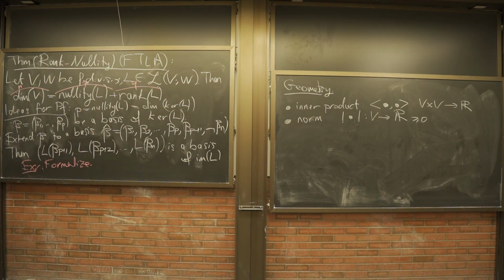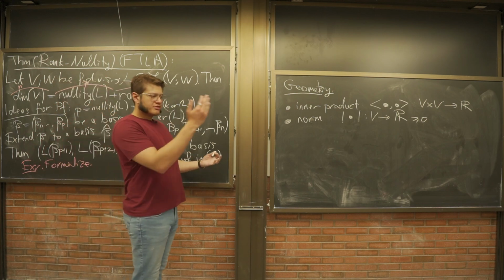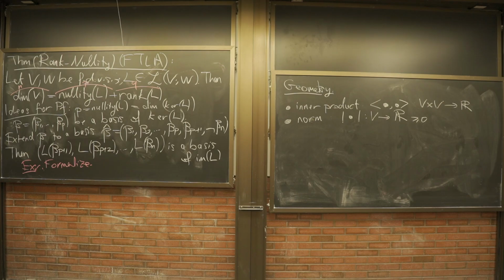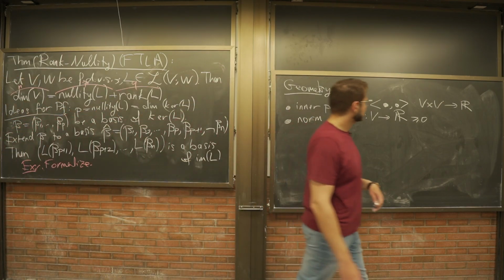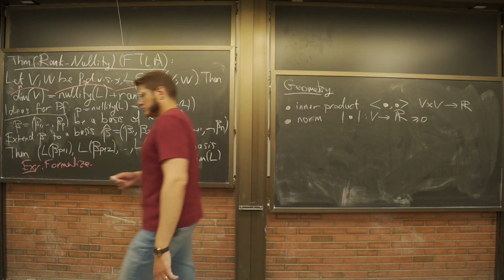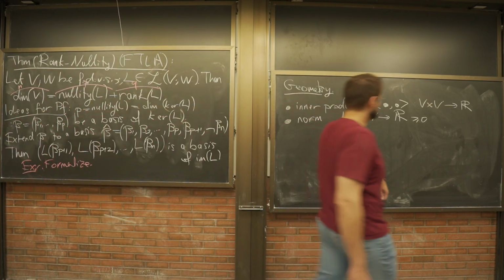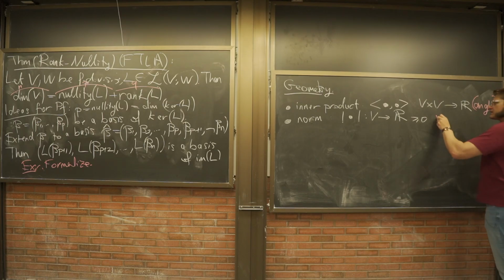So if vectors are supposed to be velocities, so both direction and size, the norm of the vector should be something like speed, so magnitude. Maybe I should write these as well. Angle. This is angle information, to say the least. Magnitude.